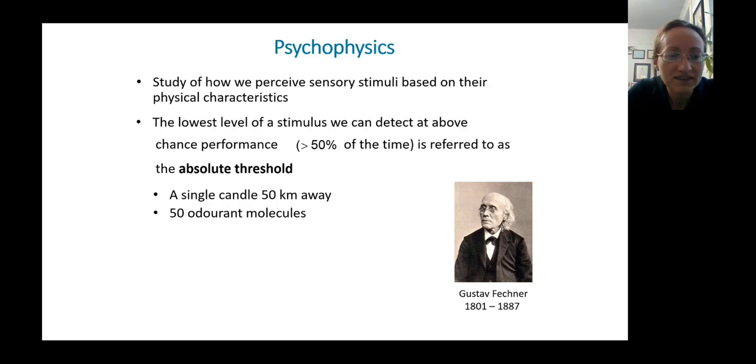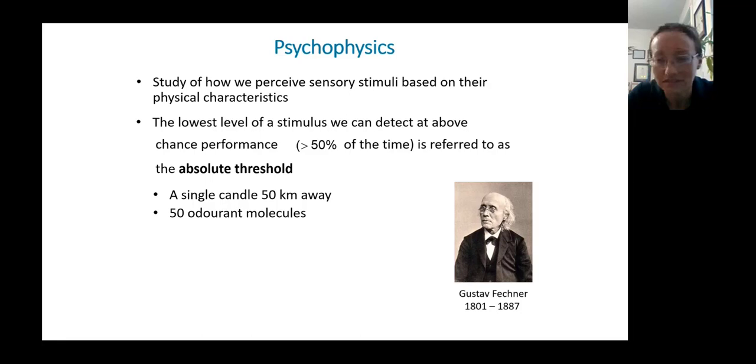The lowest level of a stimulus that you can detect at above chance performance is called the absolute threshold. So right now you can hear my voice, assuming that my microphone is working, and you don't have a problem with that. But imagine if we turn the sound down. You still hear it.